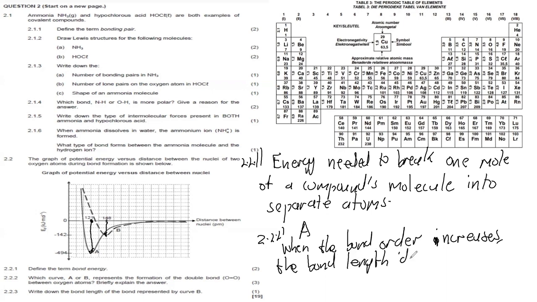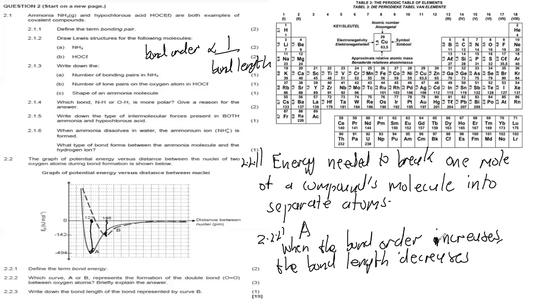The bond length decreases. Because again, we know the relationship between bond order and bond length is inversely proportional. As we increase the bond order, the bond length decreases.